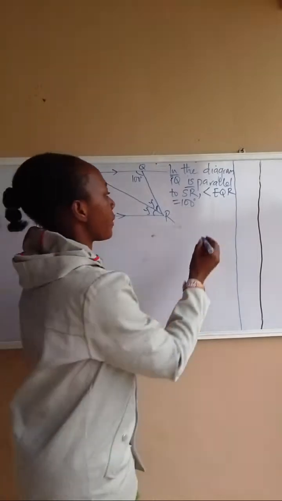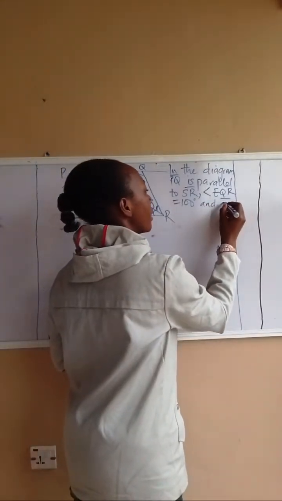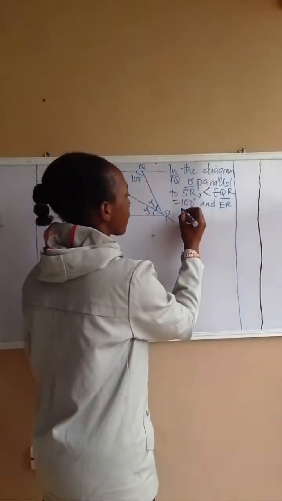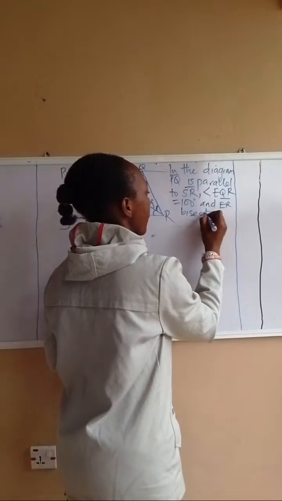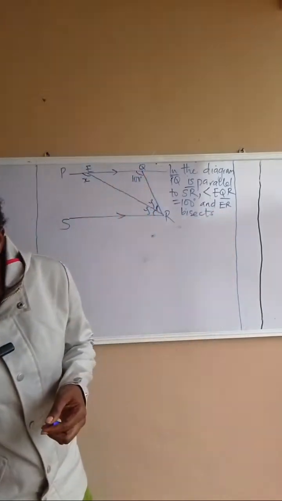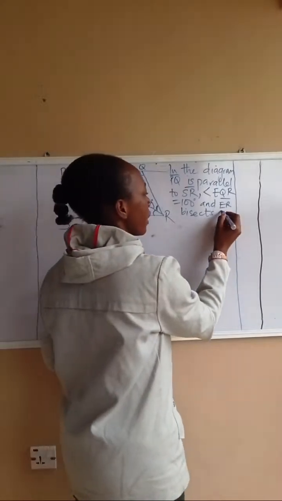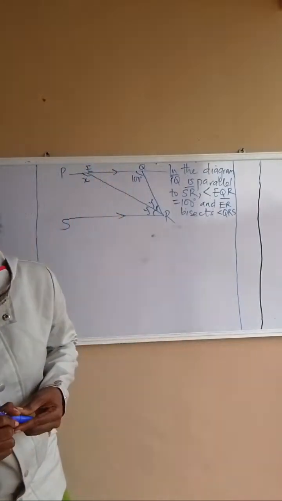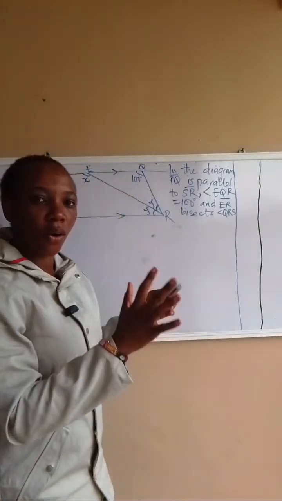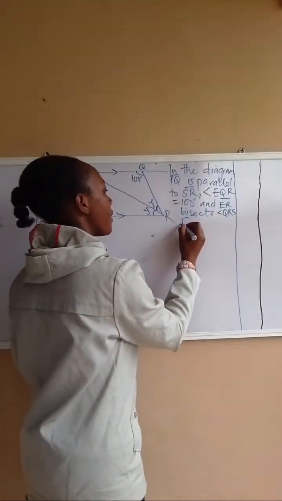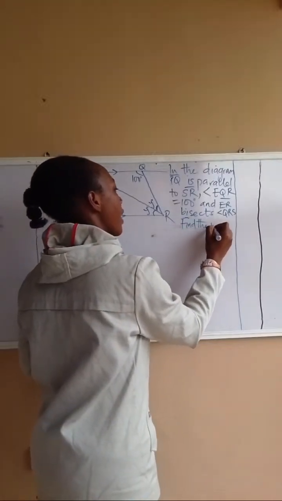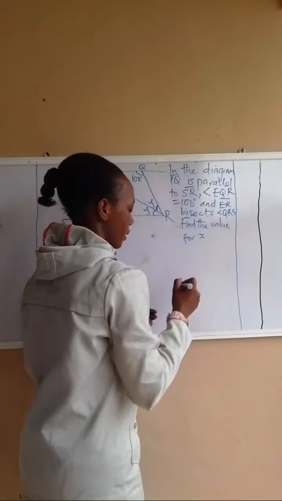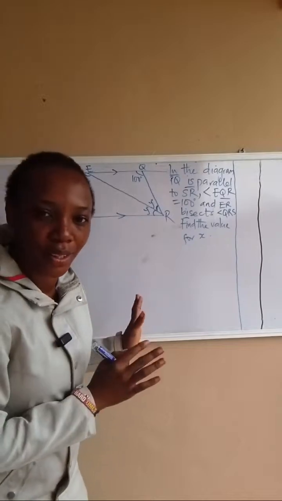And line ER bisects angle QRS. Find the value of x. So this is your question.